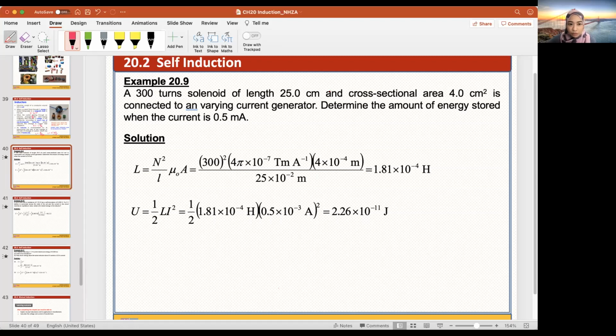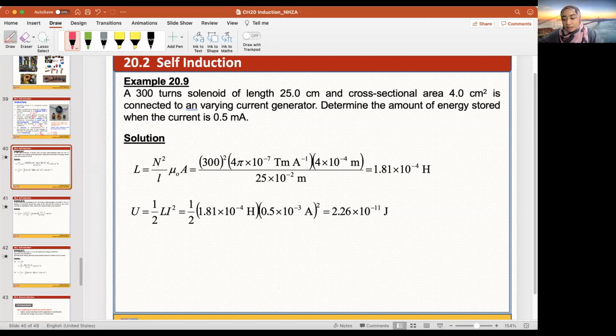So now let's continue with the exercise. Tadi Mariam Aisyah tanya saya pasal self-inductance versus self-induced EMF. So the answer is self-inductance is not equal to self-induced EMF. Self-inductance ni adalah sesuatu yang berlaku yang menyebabkan self-induced EMF. Dia macam phenomenon lah.